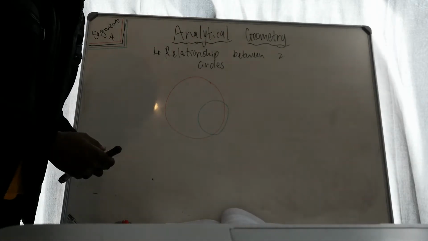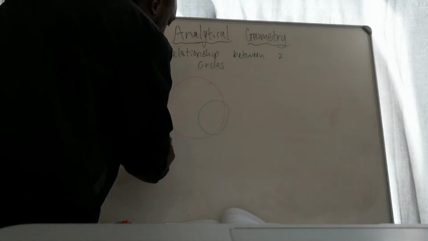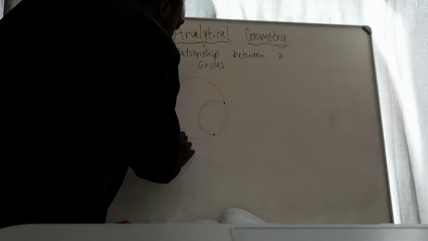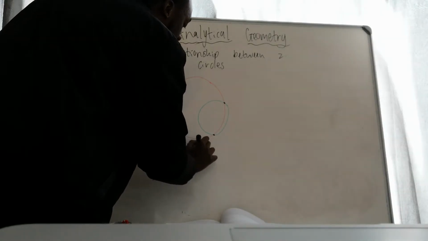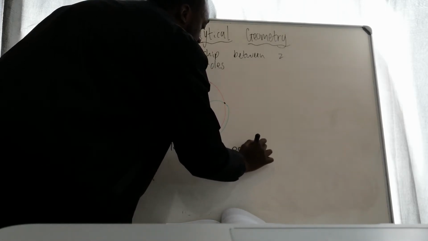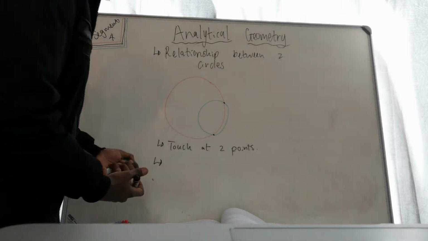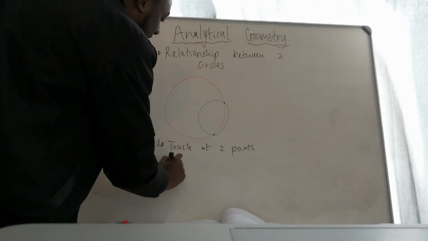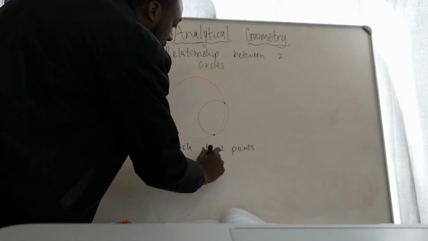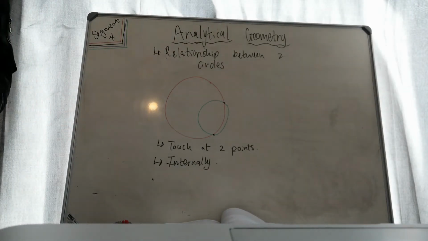The characteristic of this one is that, yes, they still touch at 2 points. But now they're not touching externally, they're touching internally. The green is internal to the red. So they're touching and the green is internal.